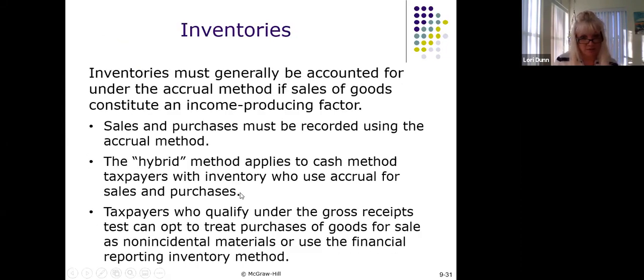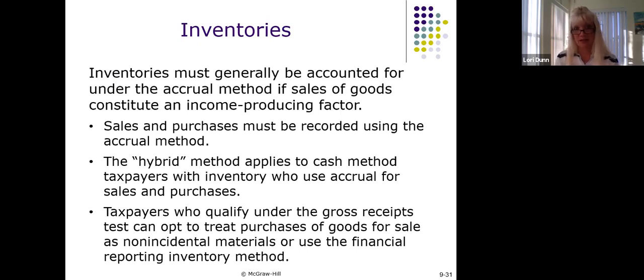That's what I was just talking about. Okay. So we're just going to kind of fly over inventories a little bit. We don't really deal with it in our chapter for anything other than maybe some graded problem, nothing on our tax return, but inventories must generally be accounted for under the accrual method, even if you're cash method, if sales of your goods is an income producing factor.